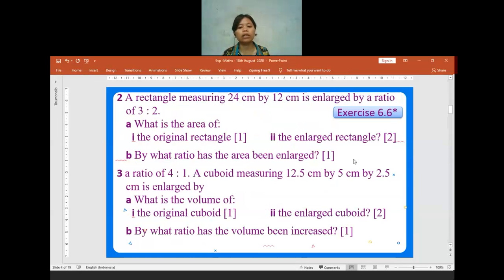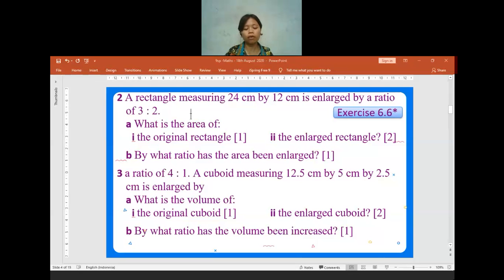There is a rectangle. The dimension is 24 centimeter by 12 centimeter. It's enlarged by the ratio 3 to 2. Now we need to find the area of the original rectangle and also the enlarged rectangle. Before we answer it, let us find the new dimension of this rectangle after it gets enlarged by the ratio 3 to 2.